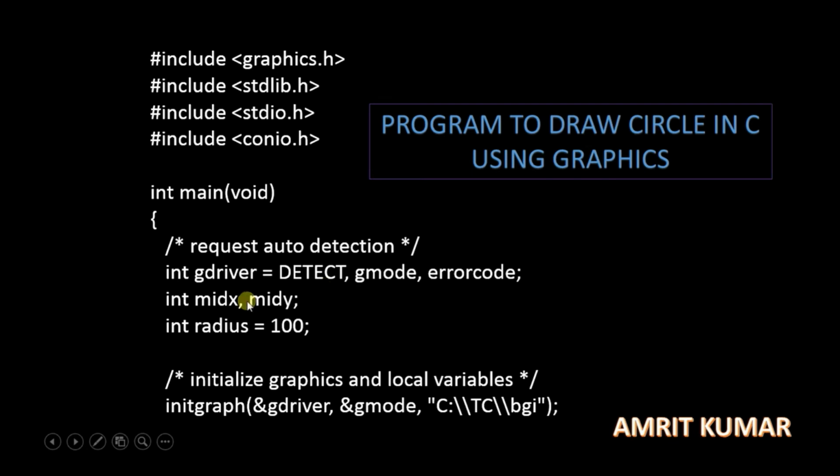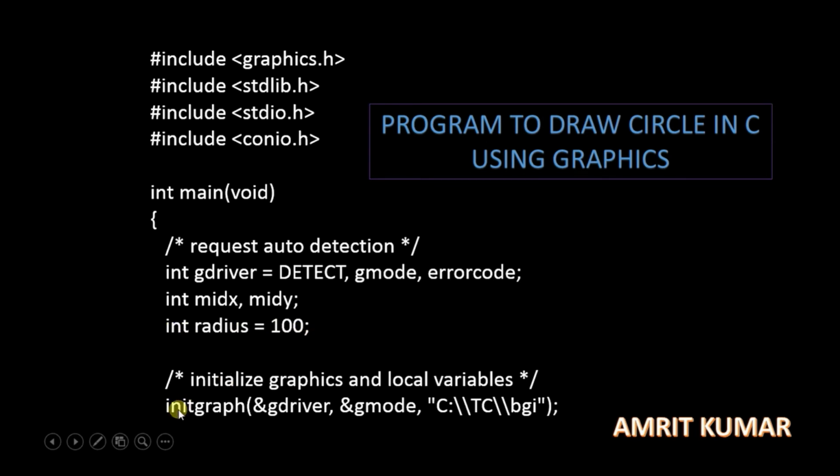After that I am declaring midx and midy of integer data type, because this program is going to draw a circle using the graphics header file. Then I use the radius variable and store 100 in it, because radius is of integer data type.